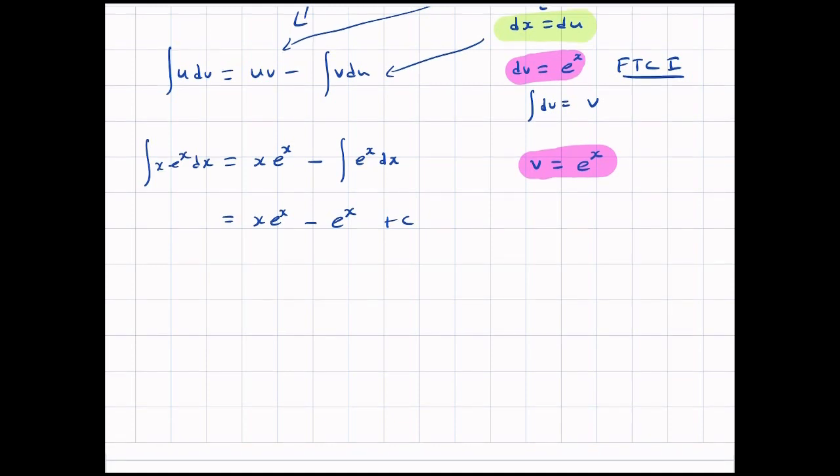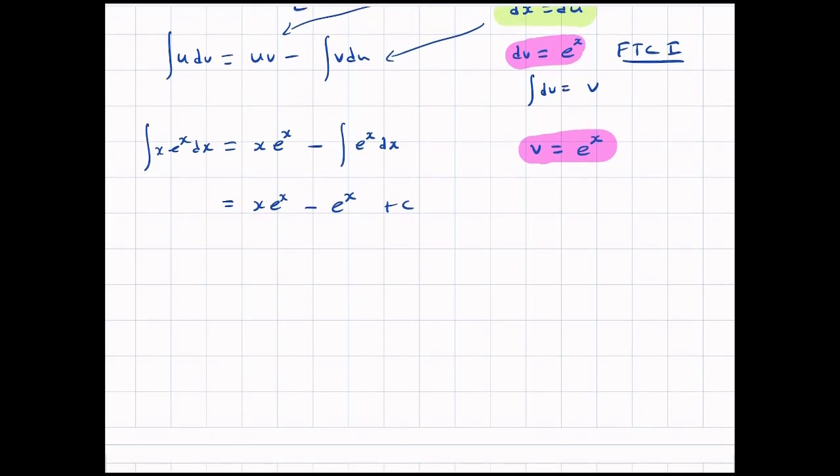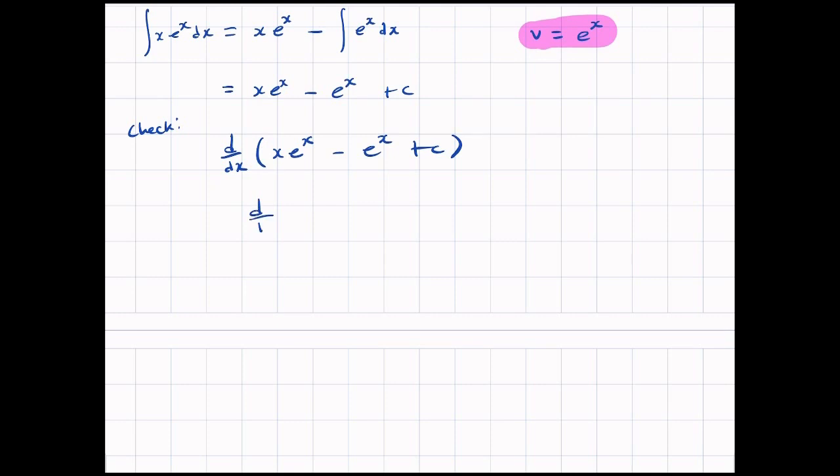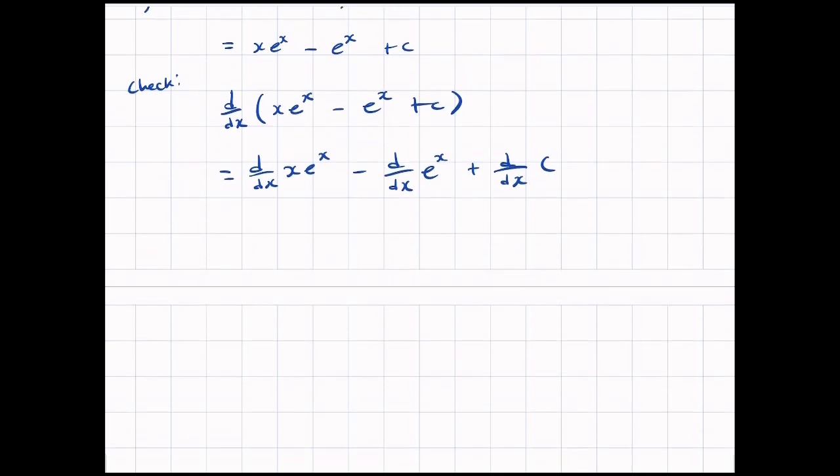If I want to check that this is correct, I take the derivative. This is supposed to be the antiderivative of x e to the x. So I just compute d/dx of x e to the x minus e to the x plus c, which is of course going to go away. This becomes d/dx of x e to the x minus d/dx of e to the x plus d/dx of c.